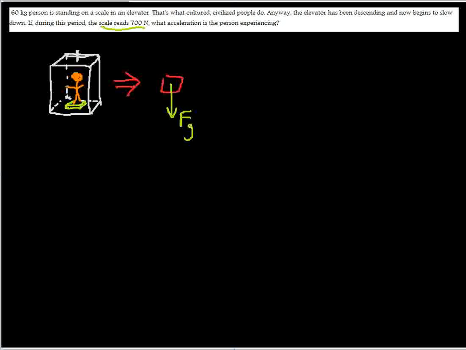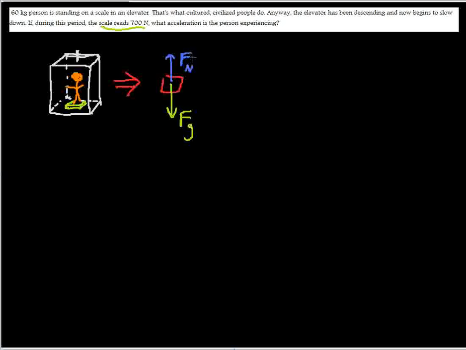What that does for us, though, is even though the scale is not the subject of our study, we can apply Newton's third law, which says that if the person's applying a force of 700 newtons on the scale, the scale is going to apply an equal but opposite force upward on the person. So this is what we would call the normal force. How hard the surface is pushing on the person.